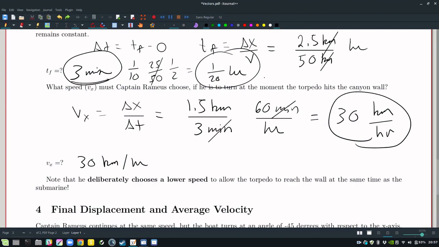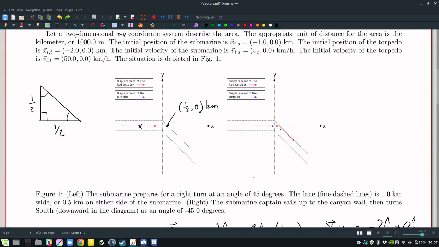Well, let's consider the first. We'll model the triangle here. So the hypotenuse of that triangle will be the vector. And then at the same speed, 30 kilometers per hour for another 3 minutes, that's another 1.5 kilometers, but now it's down and to the right.